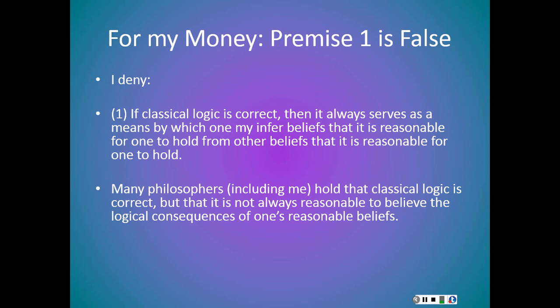Many philosophers, including me, hold that classical logic is correct, but it's not always reasonable to believe the logical consequences of one's reasonable beliefs. Classical logic can tell you what those consequences are. Sometimes classical logic can show you that the consequences of your reasonable beliefs are absurd. Sometimes that should put pressure on you to revise those beliefs, rather than simply endorsing what follows from those beliefs.